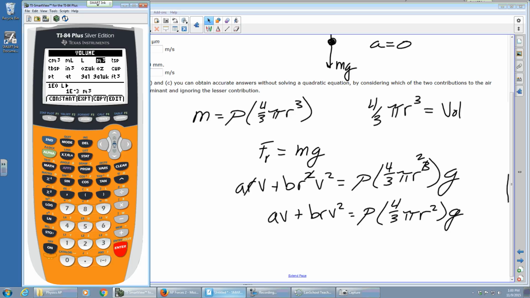That's the density of water, which is 1 kilogram per liter, and there's 1,000 liters in a cubic meter. So rho would be 1,000.